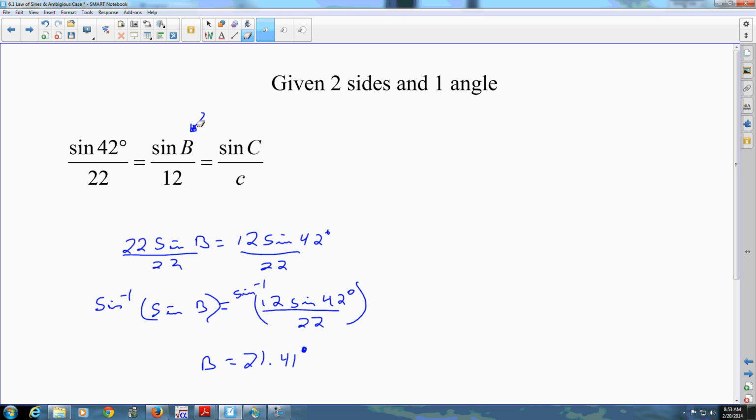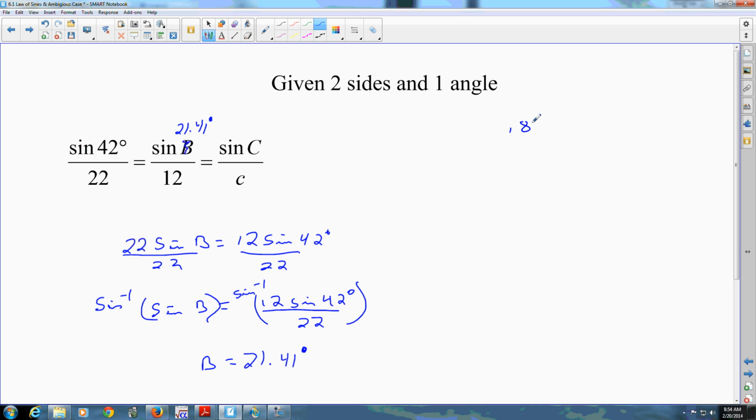Okay? Now, in the previous one, I warned you guys about using information that you find in order to get future information. Here, it's completely unavoidable. You have to use this piece of information to get the next one. And it's just the risk that you have to take. Because the only way I'm going to get any information about these two, because the Pythagorean theorem is not an option, is by using this piece of information and the original angle and cut them off at 180.